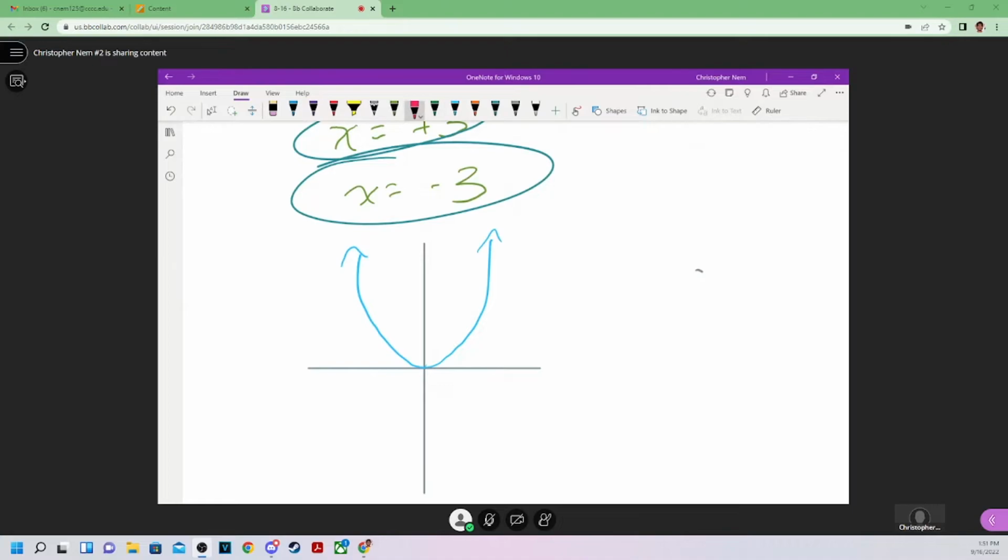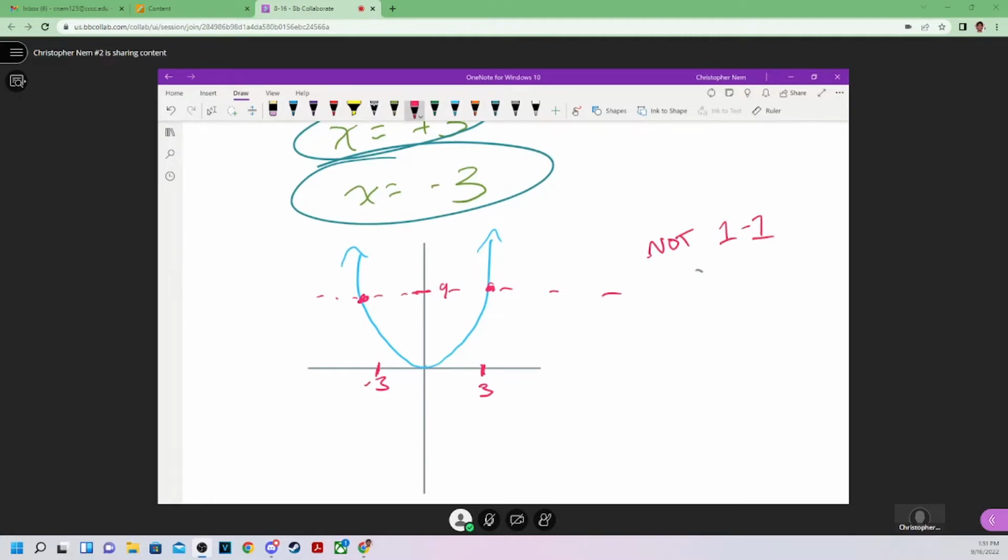Notice that for an output, let's say this is 9 over here, y equals 9. I touch the function over here and over here. This is negative 3 and this is positive 3. So it's not 1 to 1 because of that.